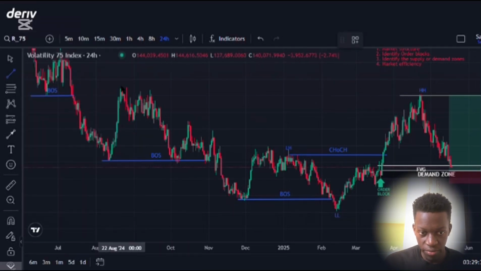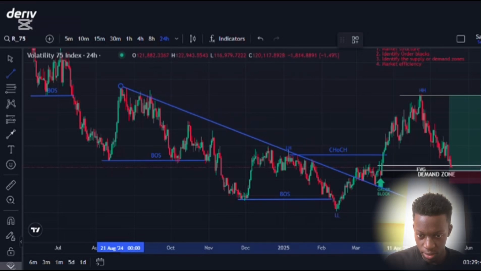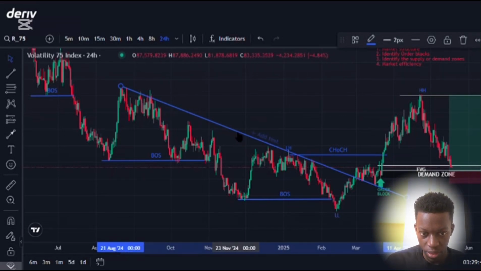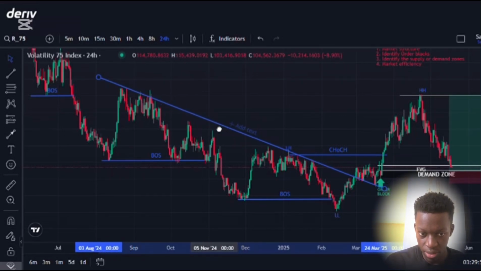This down movement from this top all the way down, every time the market touched this line that I've just drawn, it bounced back and went back down.